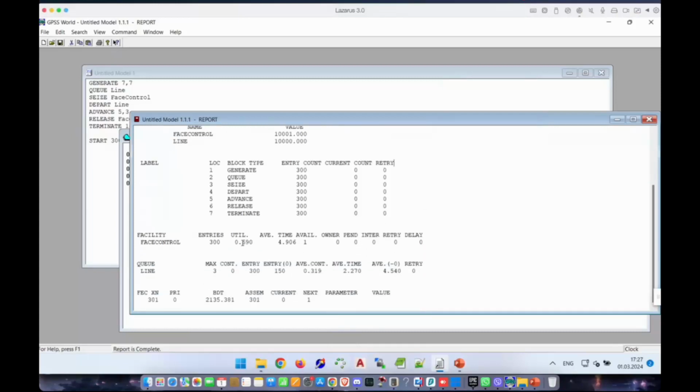And surely we have the overall utilization of the face control. Literally it's 69% of the time when face control was looking at people, deciding to let them go into the stadium or not.